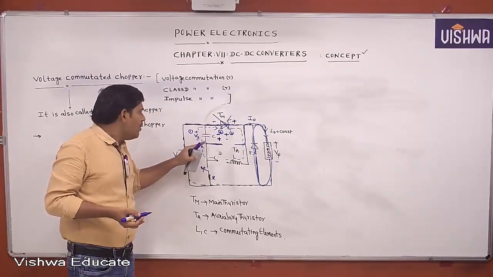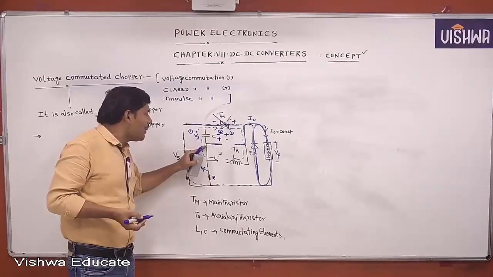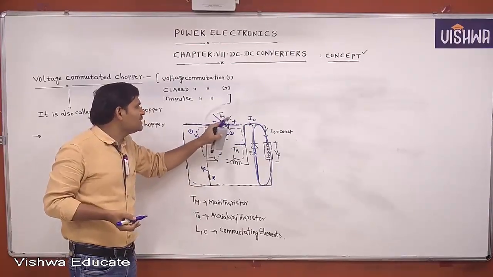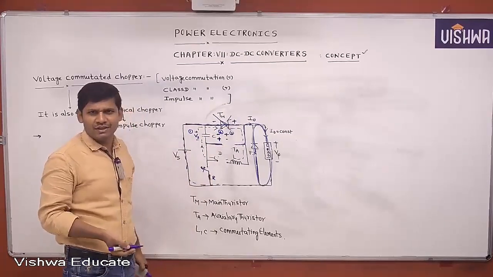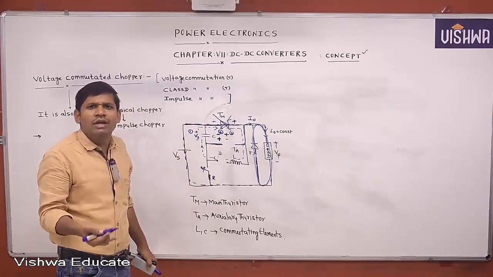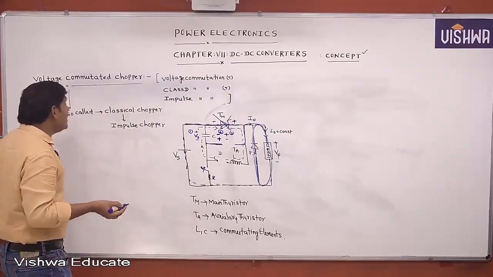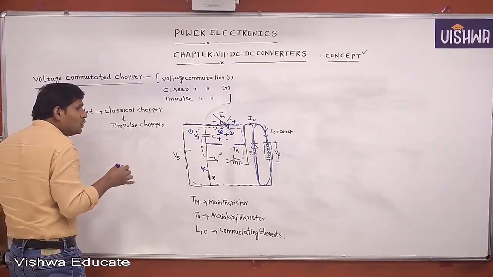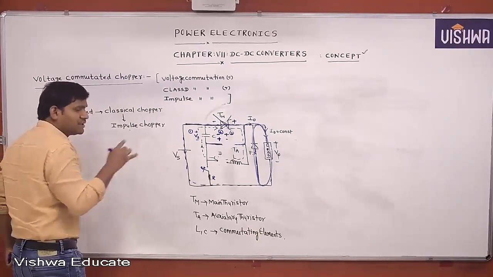That means by applying the reverse voltage using the capacitor, the main thyristor will be turned off. Hence it is called parallel capacitor turn off thyristor, and it is also called voltage commutation or voltage commutated chopper. That means the main thyristor is turned off due to a reverse voltage applied by the capacitor.